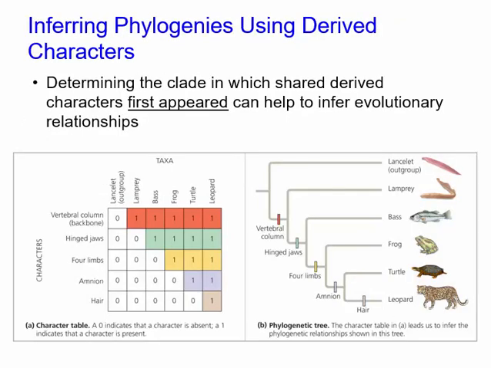It is, of course, very useful in figuring out where and when a character might have arisen within our tree, because when we get past that point, let's pick four limbs here again, then anything that falls within that, we would expect to have four limbs. And if they don't, that might represent a loss of that character.